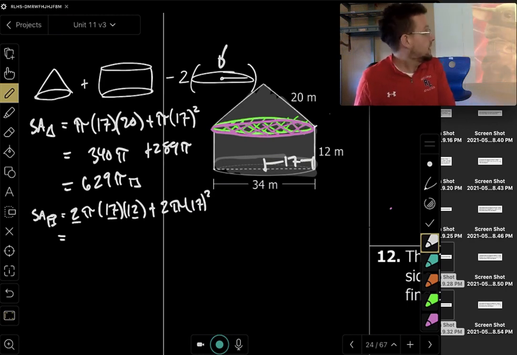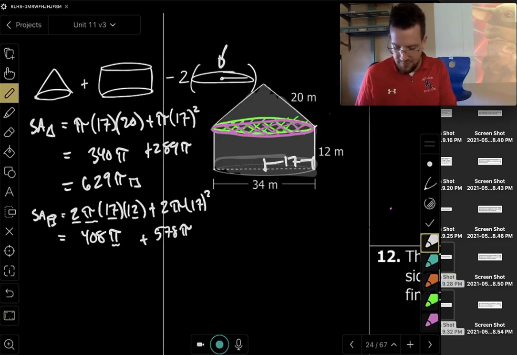So for this one, I got 408. And these are in pi's, putting the junk in the trunk, right? Leaving the pi at the end. 2 times 289, 578 pi. Again, I'm going to add these together, 986 pi.